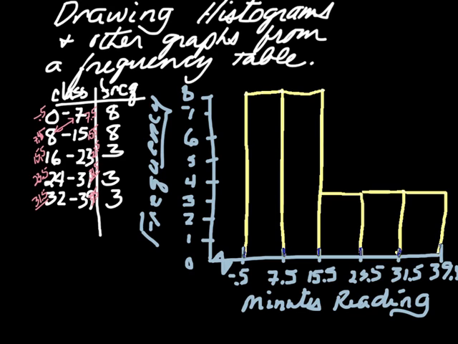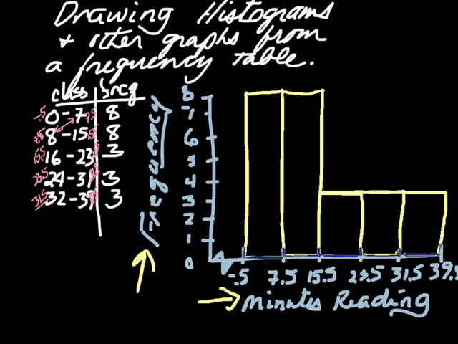And that's all a histogram is, a bar graph that looks like that. But notice every bar on a histogram has the same width, and the heights are equal to the frequencies or the relative frequencies. That's the most important part about a histogram. Also make sure you label your axes as to what they are, whether it's a frequency or relative frequency.